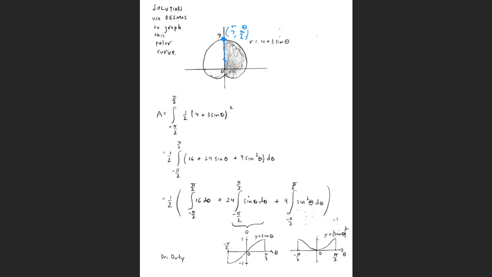So, all right, area is equal to the integral from a to b of 1/2 r squared d theta, right?